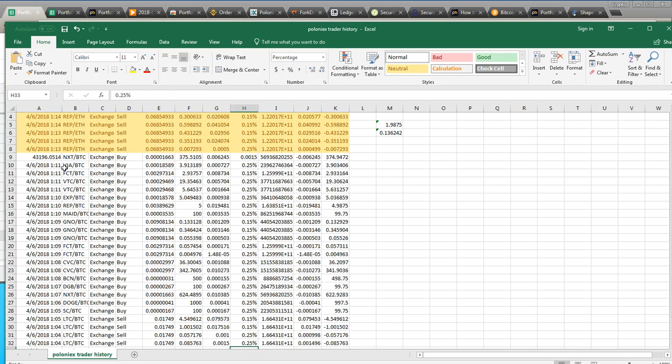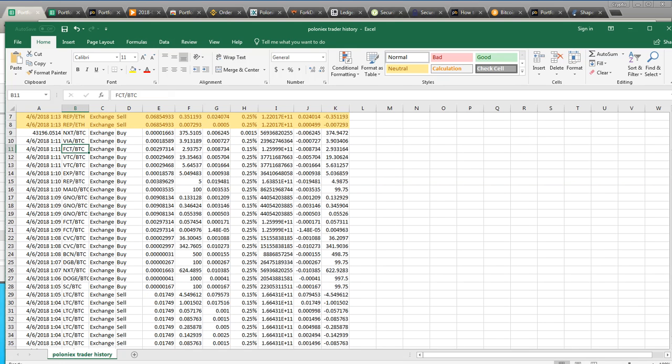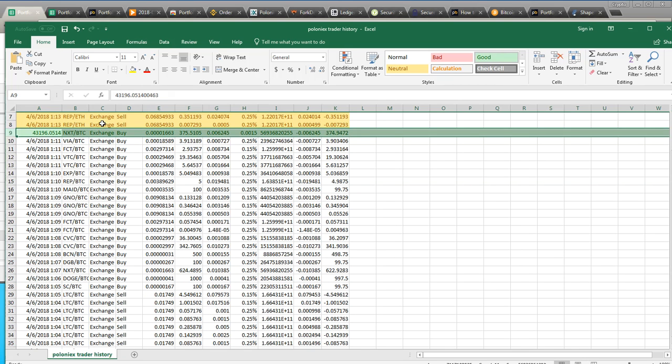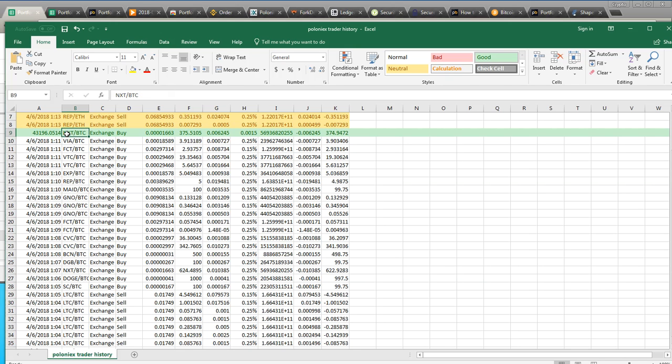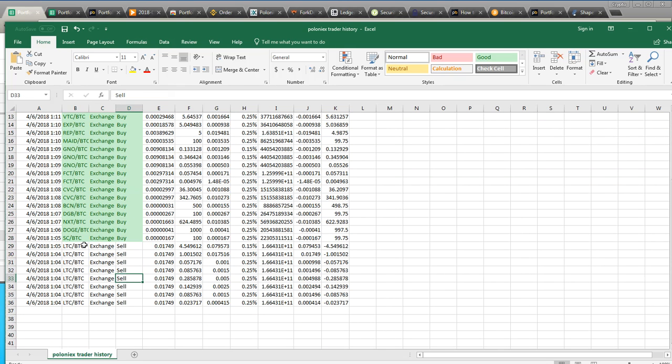So let's look at a few more pairs. In this pair right here, we are buying the NXT coin by selling Bitcoin. So you would input this into the Bitcoin selling tab. These are all the same. And at this point, we're now selling Litecoin to purchase Bitcoin. So that would be in the Bitcoin buying tab.